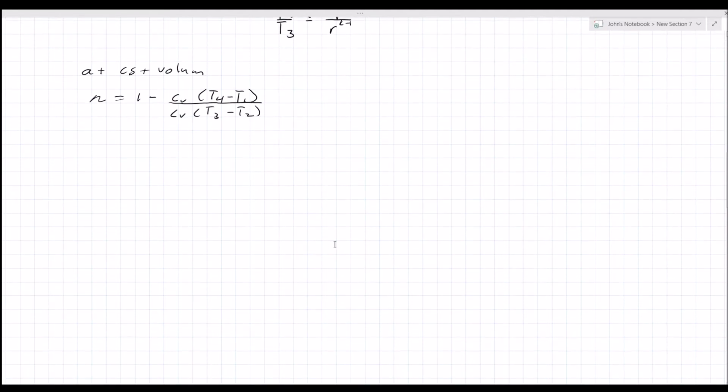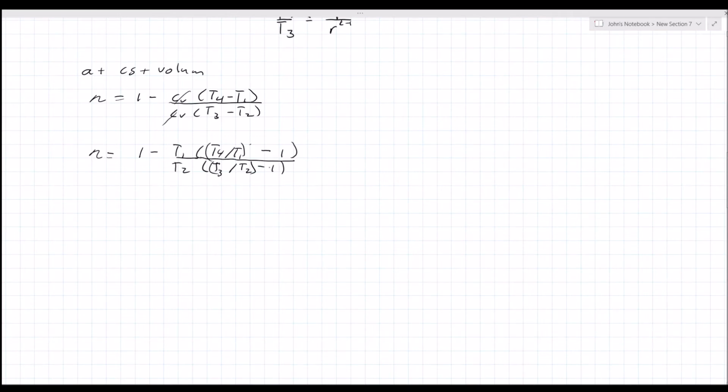So this is our efficiency equation. Then we simplify this more. The specific heats cancel out. We get eta is equal to 1 minus T1 times (T4 over T1 minus 1), let's put a parenthesis around here too, and factor out T2: (T3 over T2 minus 1).